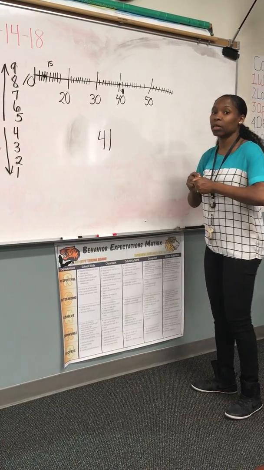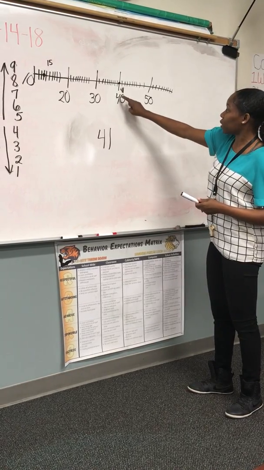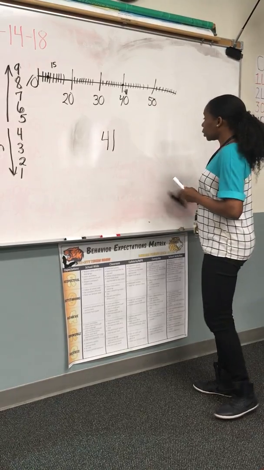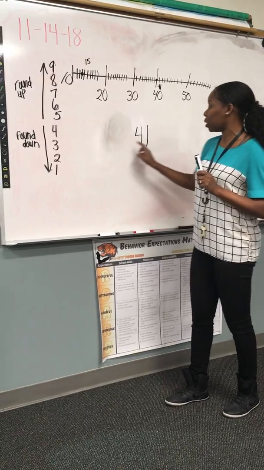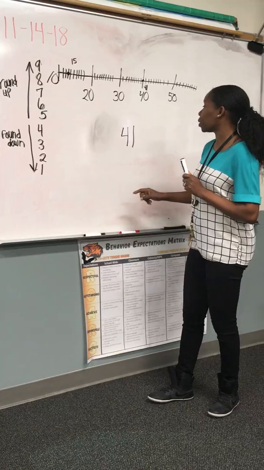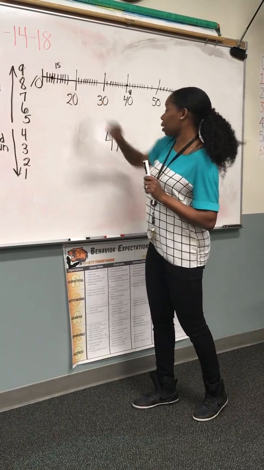When it says the nearest 10, it's the 10 that's closest to that number. So the 10 that's closest to 41 is 40, not 50. Remember, when we have numbers 4 and below in the tens place, we're rounding down. When we have numbers 5 and above in the tens place, we're rounding up.